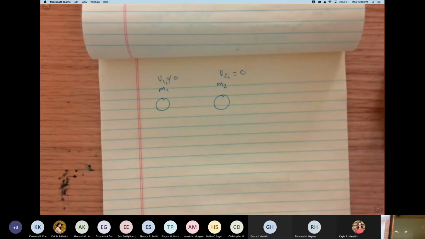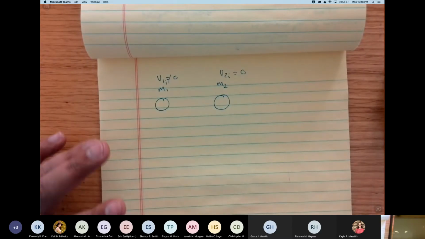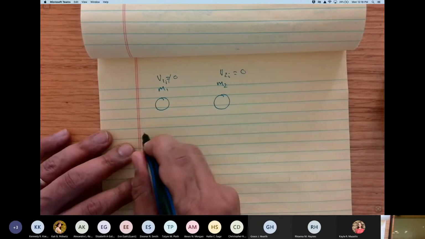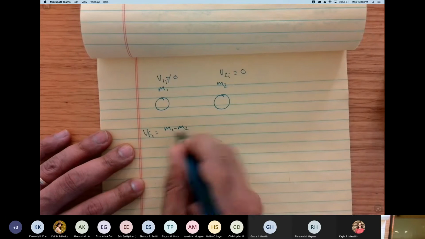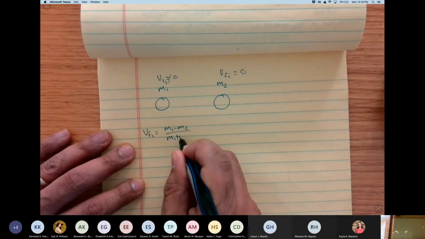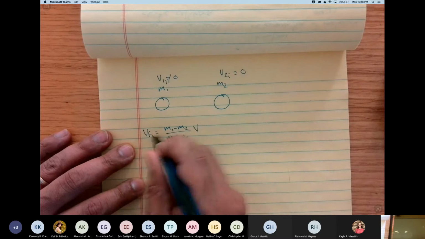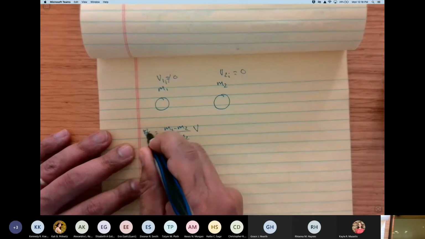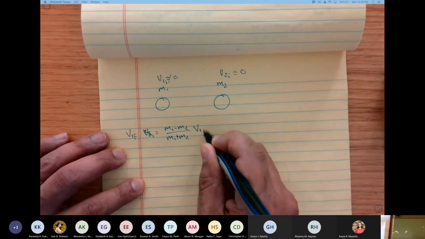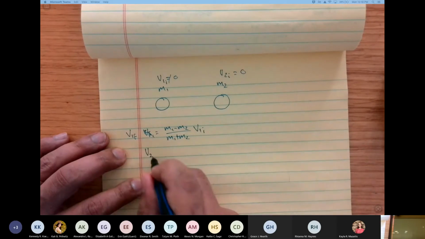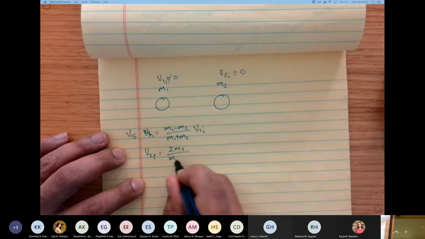Then, if we assume that this is a perfect elastic collision, the equation for the final velocity of 1 is going to be m1 minus m2 over m1 plus m2 times the initial velocity of 1. Okay, I'm going to have that.